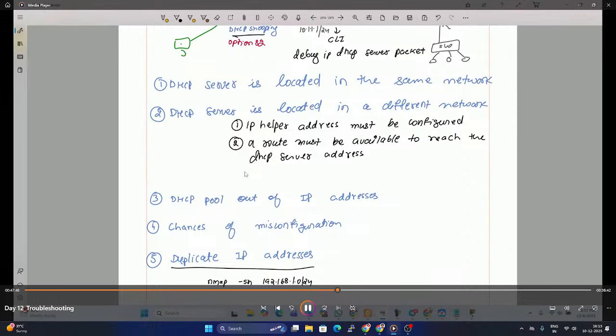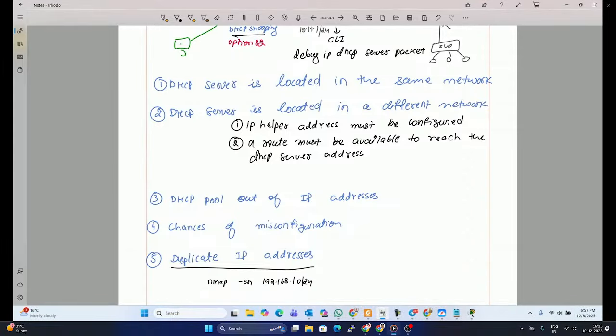Sometimes the DHCP options mismatch, right? DHCP snooping can also create problems, and all these things we can have in a DHCP server environment.